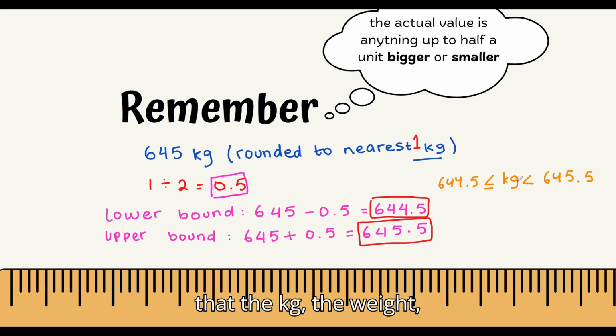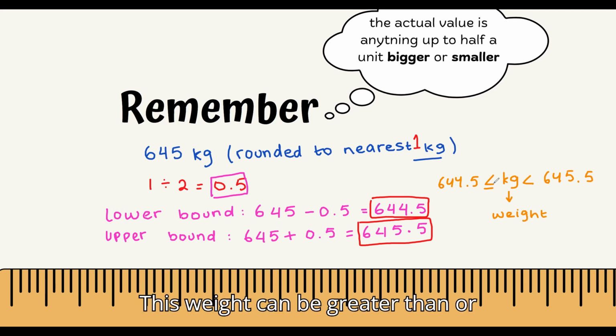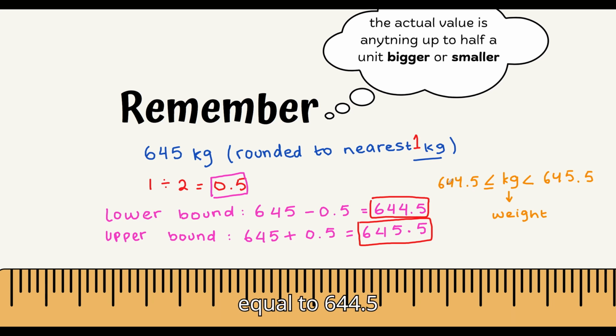Now let's read this. What this says is that the weight can be greater than or equal to 644.5, because 644.5 rounds up to give us 645. So it can be 644.5 or greater than 644.5.